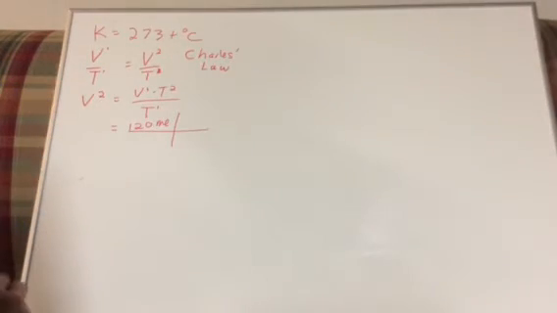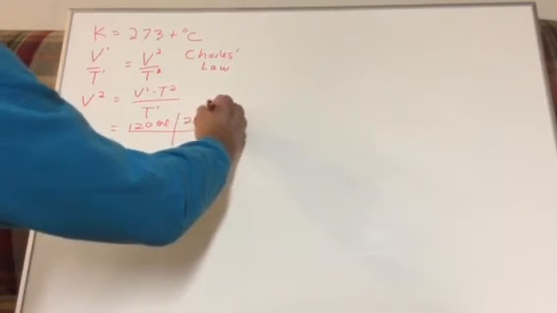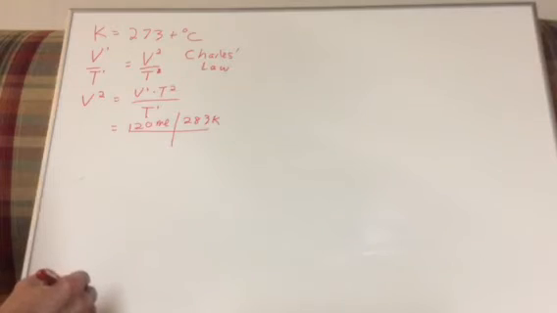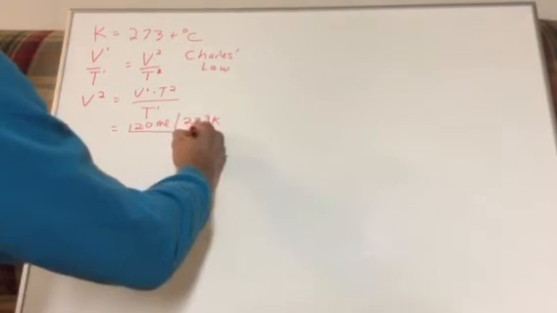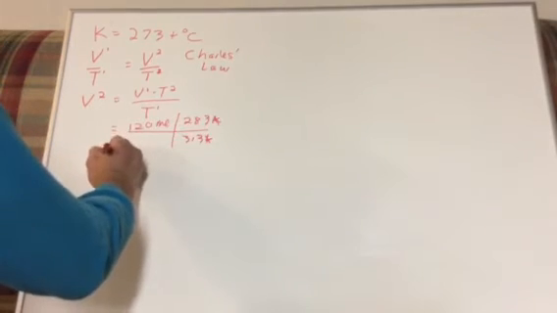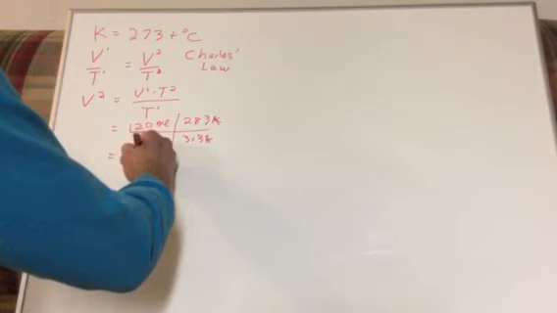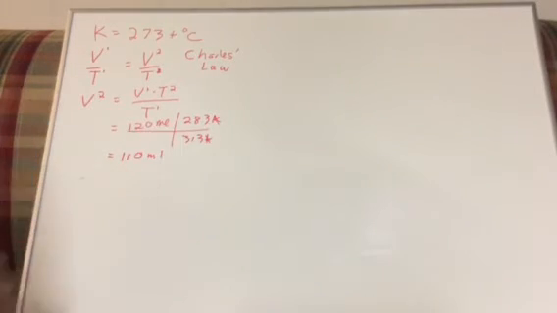The new temperature is 283 Kelvin, and the initial temperature is 313 Kelvin. Kelvin cancels out, and then we're left with the answer of 110 milliliters. And so that's how you use Charles' law.